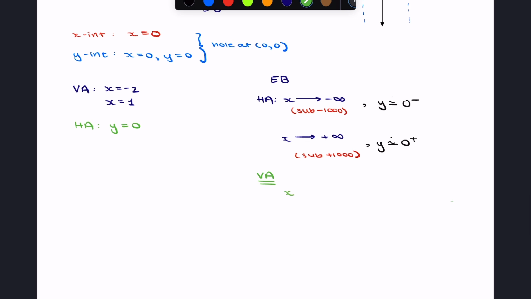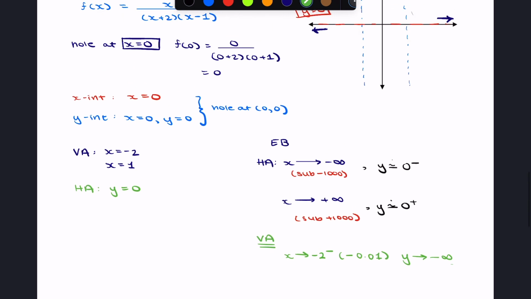So here we see that as x approaches -2 from the left, so if we subtract 0.01, we see here that the y value will trend towards negative infinity.